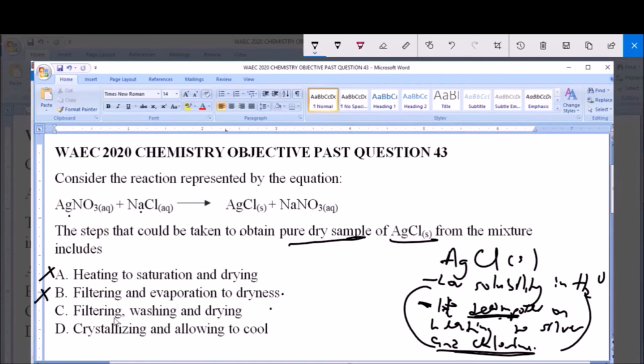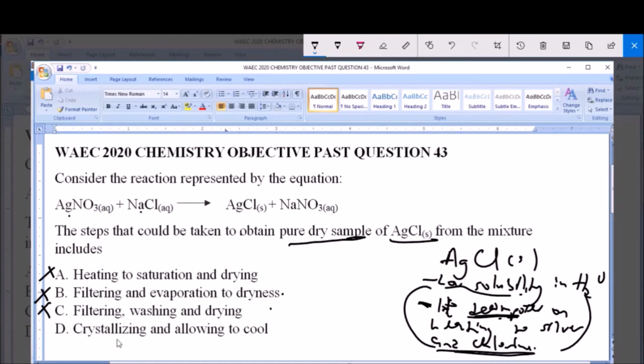Now you have filtering, washing and drying. Now it has low solubility in water, so washing and drying cannot be seen as the best way to obtain a pure and dry sample of it.